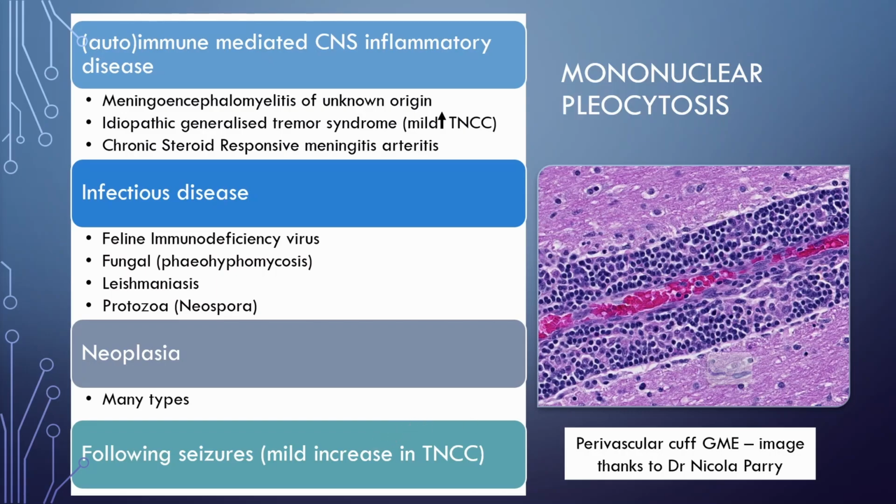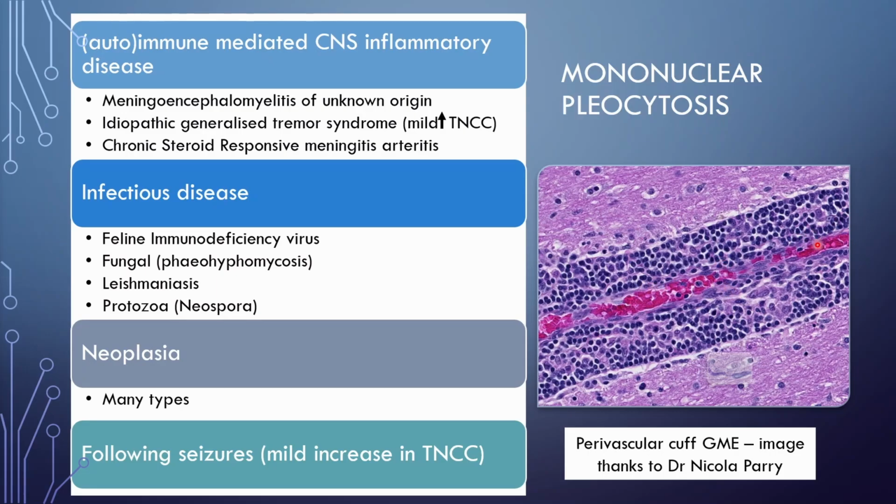And this, I have to thank Nicola Parry for this slide, which is an example of GME, granulomatous meningoencephalomyelitis, which was one of the diseases covered under the meningoencephalomyelitis of unknown origin. You can make that diagnosis of GME only on pathology, which is why we know that is what this is.